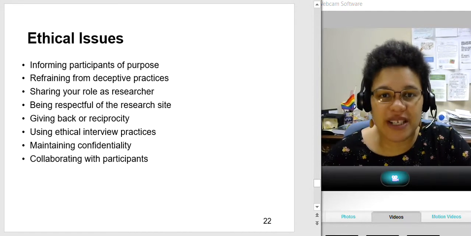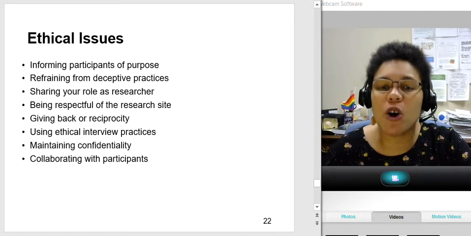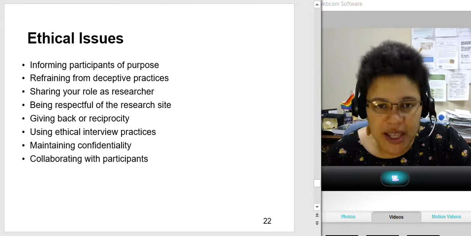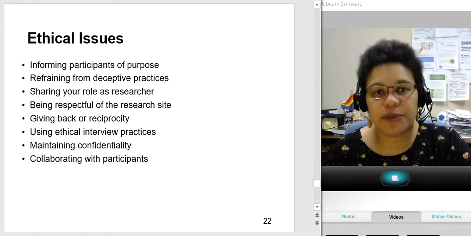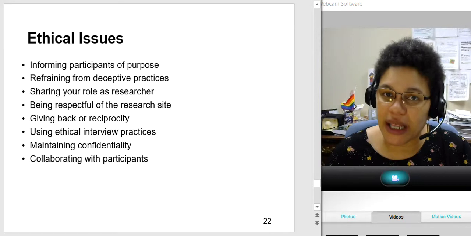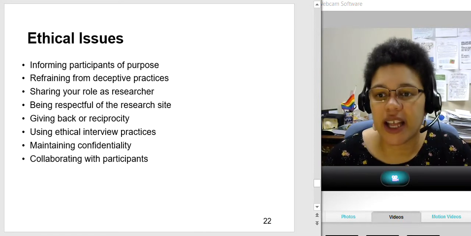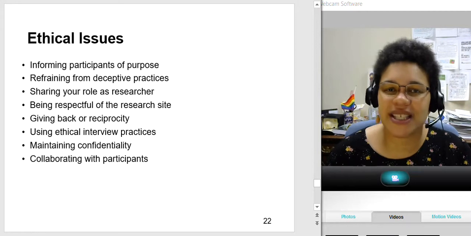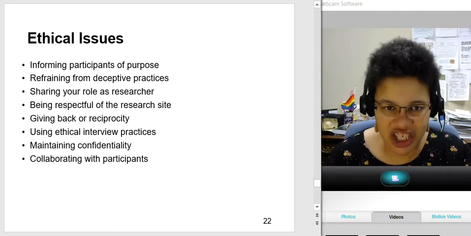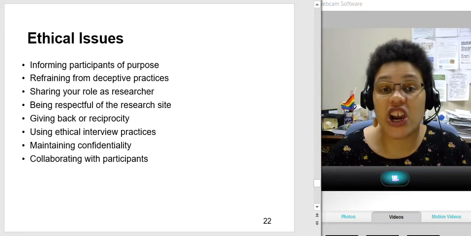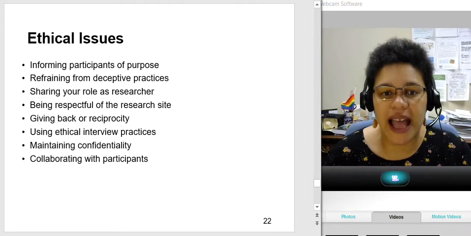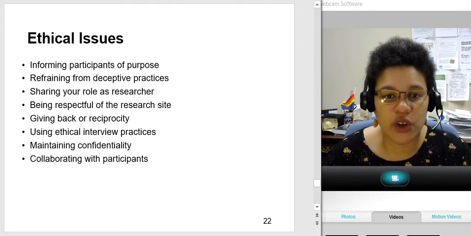We inform our participants of our purpose most of the time. Most of the time, we're going to refrain from deceptive practices. There are certain limited situations where deception is necessary, but most of the time, it's not necessary in education. We're going to share our role as a researcher and be respectful of the research site.